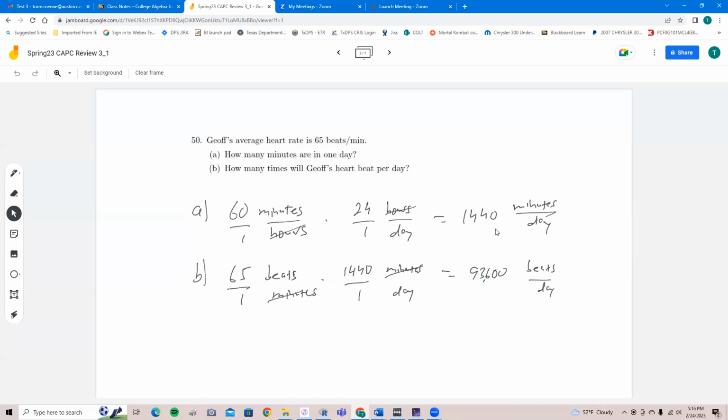So how many times will his heart beat per day? It will beat 93,600 times per day.